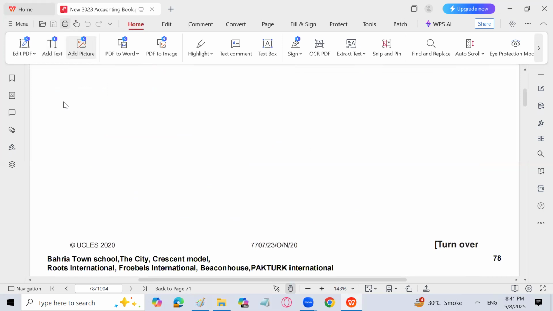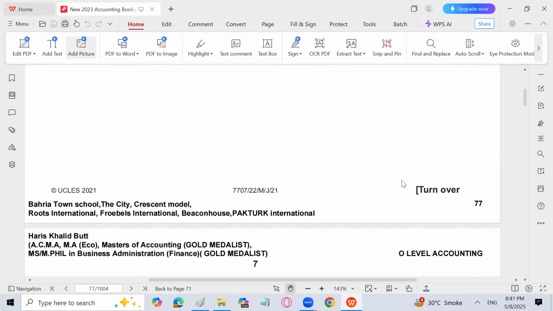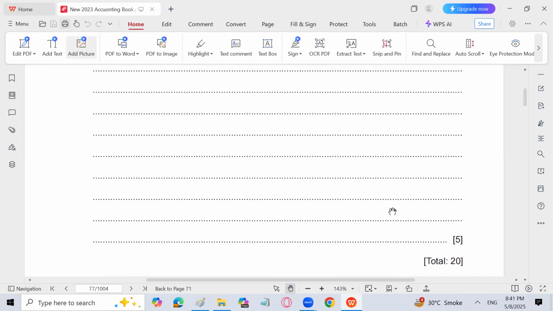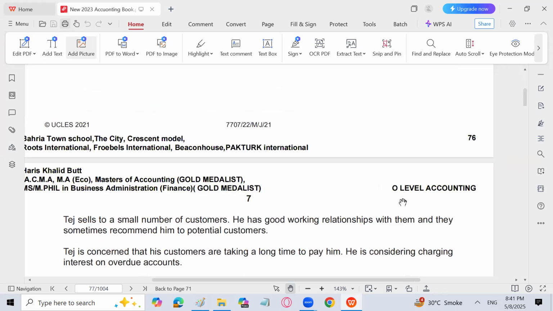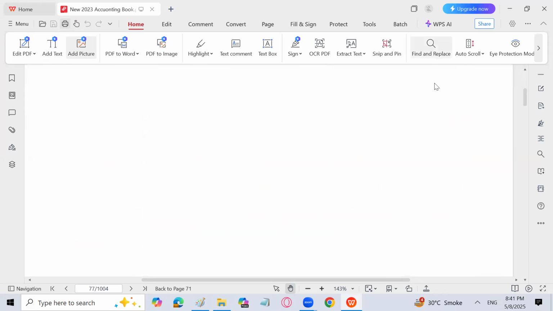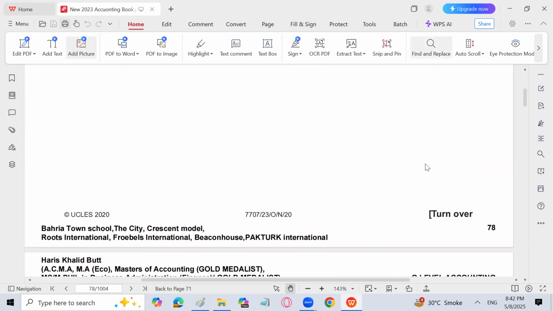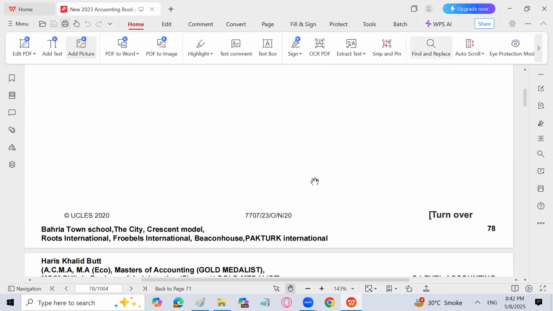Do solve this question. In which year did it come? May, June 21, 22, if I'm not wrong, let me check. I don't think so. No. This question has come in October, November 2023. The question number is not there because maybe it is a part of the question.